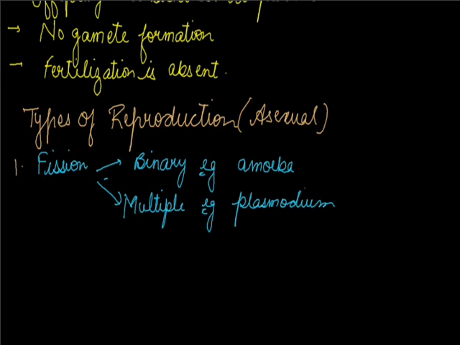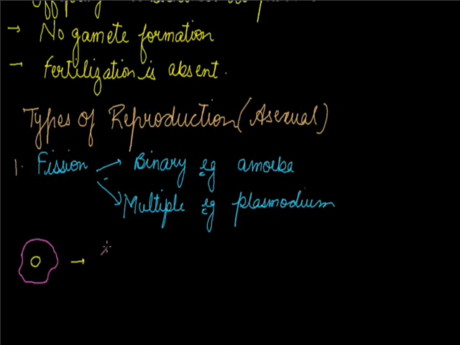When we talk about the diagram, first we are seeing binary fission. In binary fission, first the amoeba is there, an irregular shaped structure. Inside the amoeba, a nucleus is present.